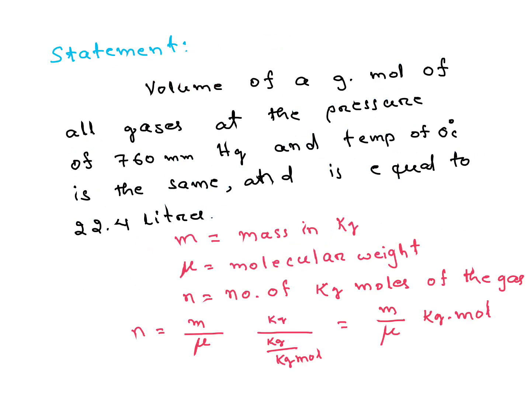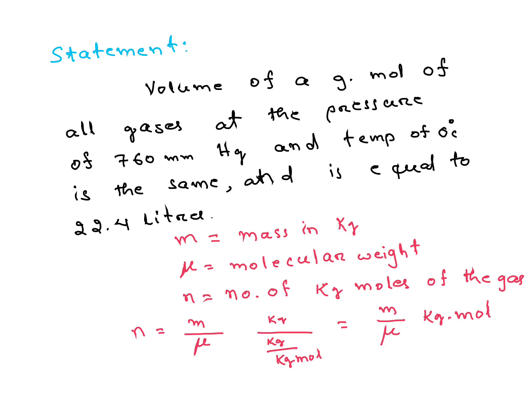Avogadro's law statement is: the volume of a gram mole of all gases at the pressure of 760 mm Hg and temperature of 0 degrees Celsius is the same and is equal to 22.4 liters. Or in other words, equal volumes of all gases at the same temperature and pressure contain an equal number of molecules.